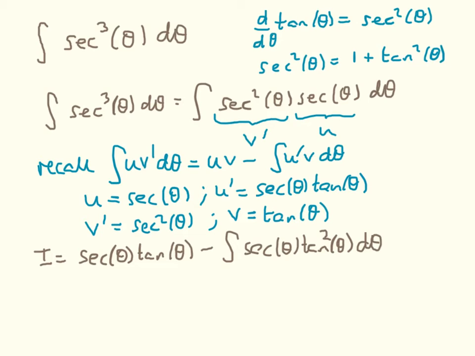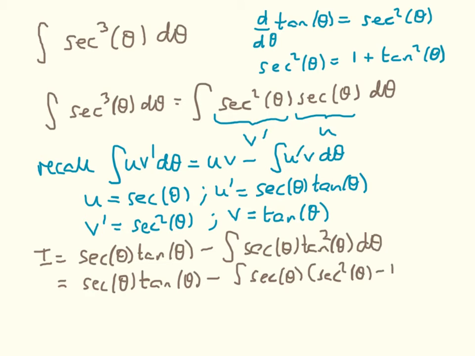So our integral gives us sec theta tan theta minus the integral of sec theta times 1, that's the integral of sec theta, and then tan squared theta is sec squared theta minus 1, so let's write it out slowly: it's sec squared theta minus 1 integrated with respect to theta.